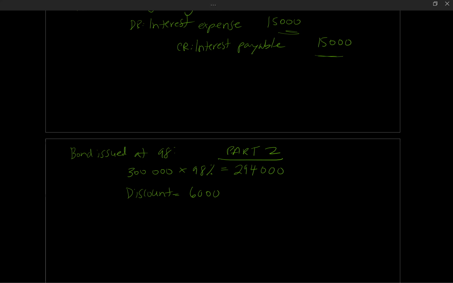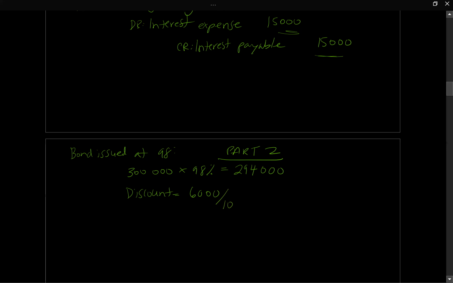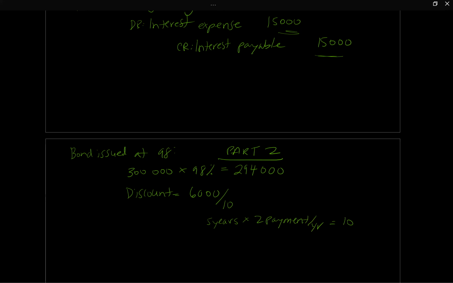It's basically divided by 10 because it's 5 years times 2 payments a year, which is going to give us the 10. So divide that by 10 and we're going to get $600 per semi-annual period of amortization. Okay, so that's our straight line amortization of the discount.